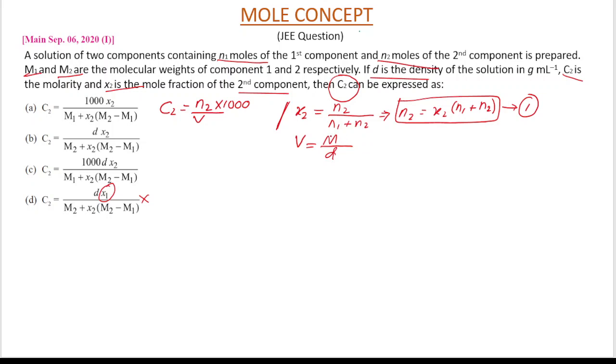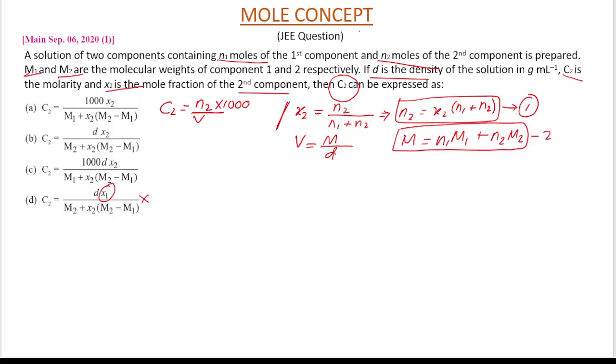Now these are two components, so total mass, this is the second formula, total mass will be number of moles into molecular weight of the first component plus number of moles of second component into molecular weight of second component. So this also you have to remember. So this is the total mass.